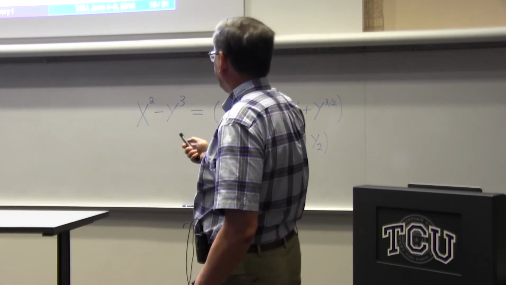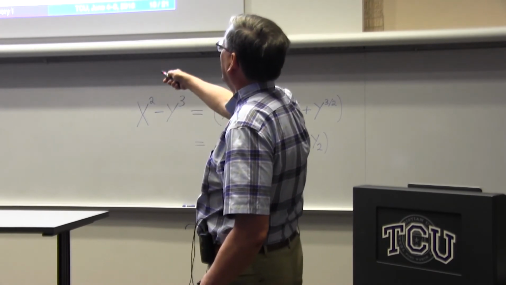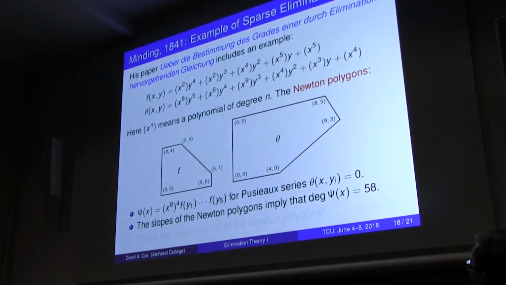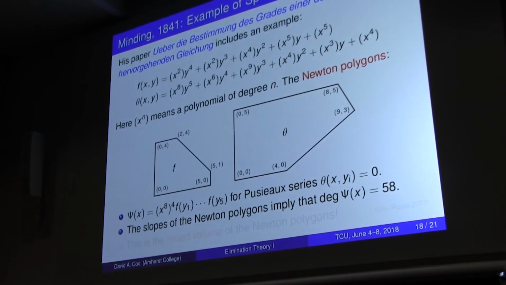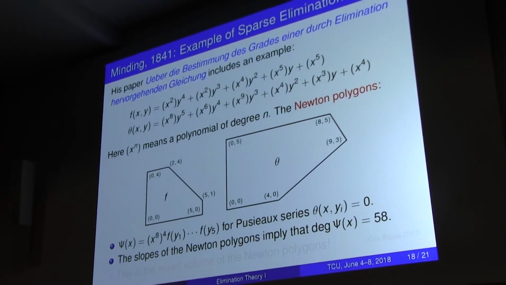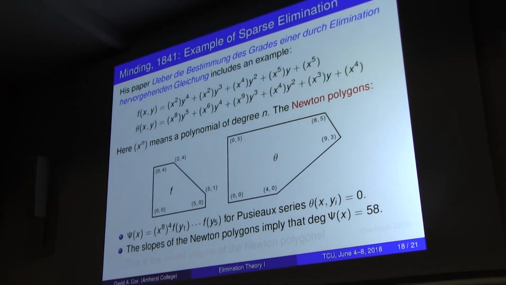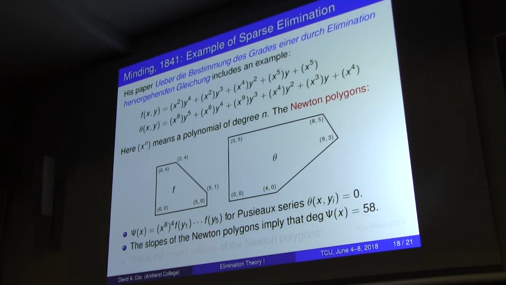And what he did was, by just thinking about the slopes that you get here, he was able to give a formula that said, from the slopes of the Newton polytope, the degree should be the following. And so you apply that recipe in this particular case, you get 58. And that's how he does the elimination. And it turns out that this is actually the mixed volume of these Newton polygons.